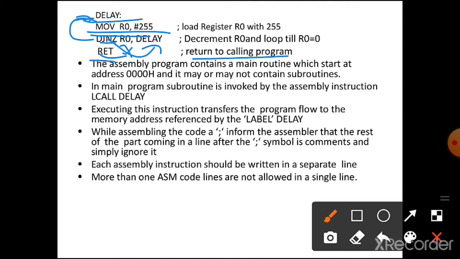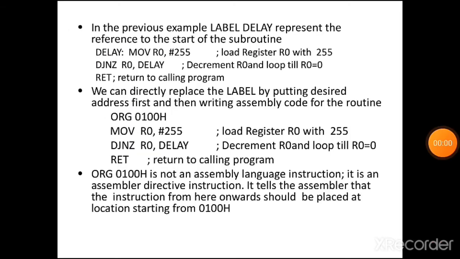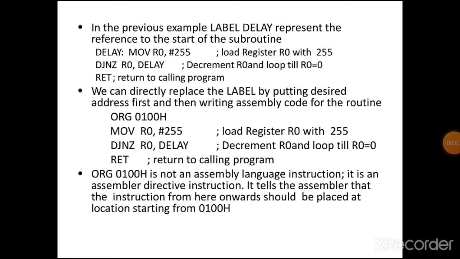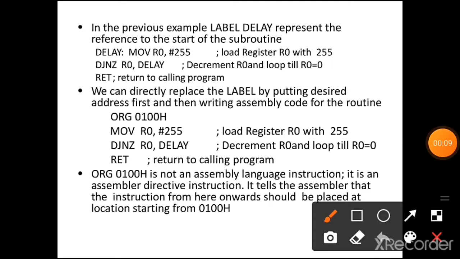Here the assembly program contains the main routine which starts at address 0000H. In the previous example, the label delay represents the reference to the start of the subroutine. But here we can also write it as a label like this, delay colon.